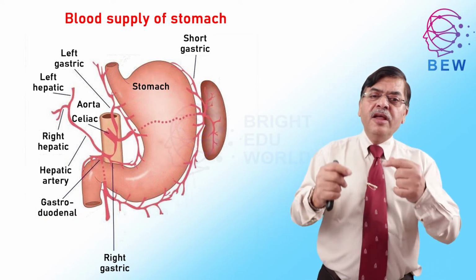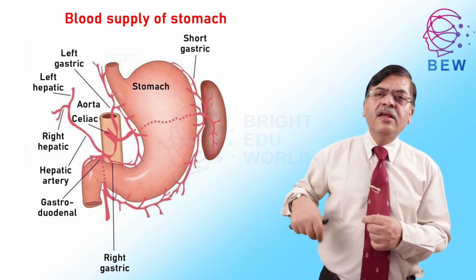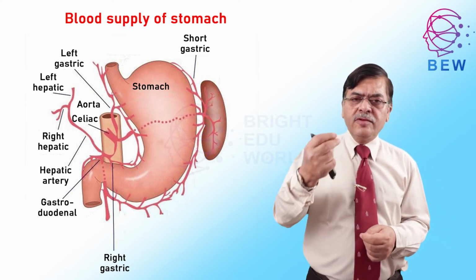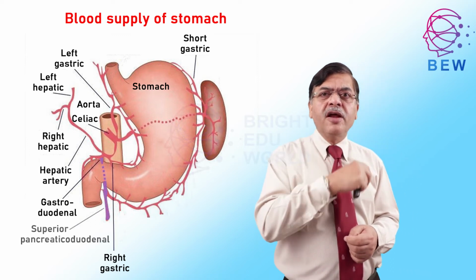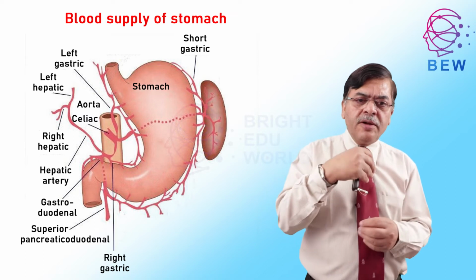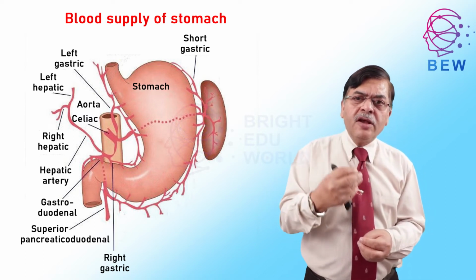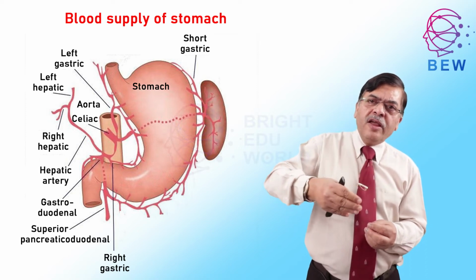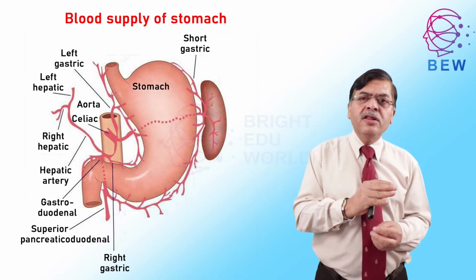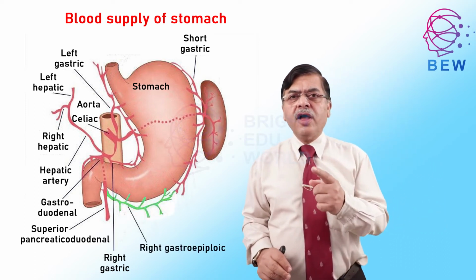Not only the duodenum, actually as it goes behind the duodenum, it goes and supplies the pancreas also. It gives a branch called the superior pancreaticoduodenal. At that point, a branch of it turns along the greater curvature. That is called the right gastroepiploic artery.